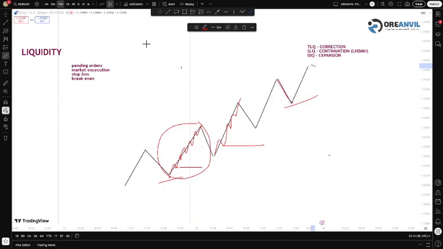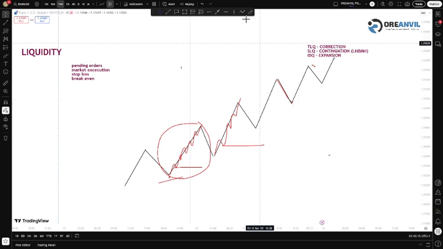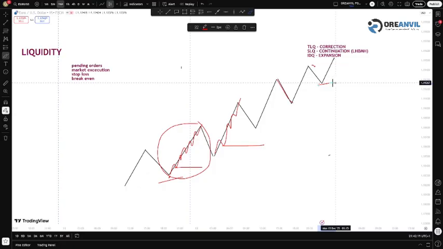If price does this, from this point it comes down and gives us a new high that breaks this high, your inducement liquidity is no longer here. Your inducement liquidity is now sitting in this new lower high.